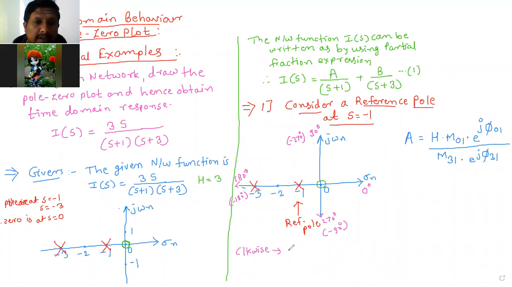Clockwise गेले तर negative degree. Anti-clockwise positive degree. That you can remember. Anti-clockwise positive degree, आणि हे negative degree for clockwise.